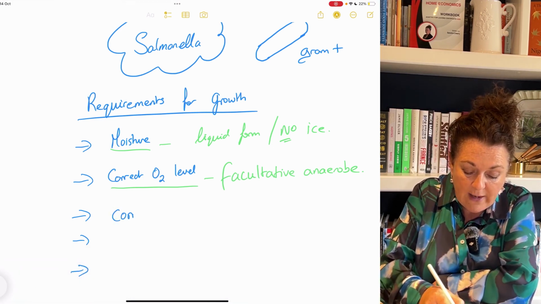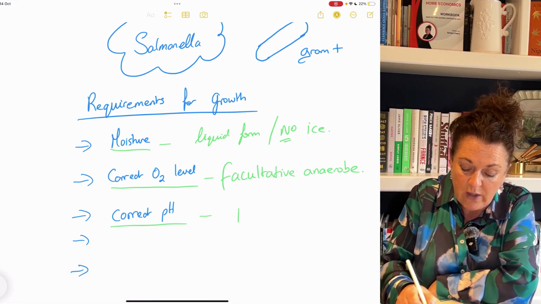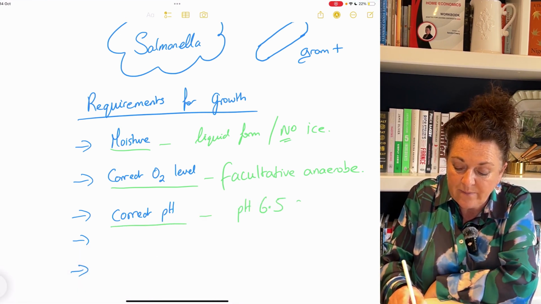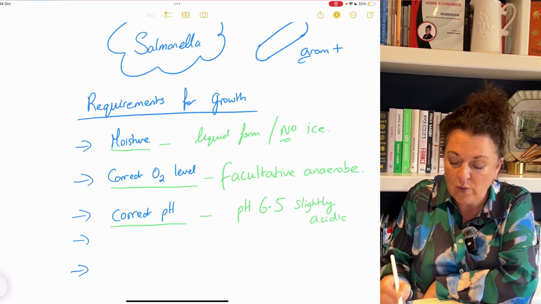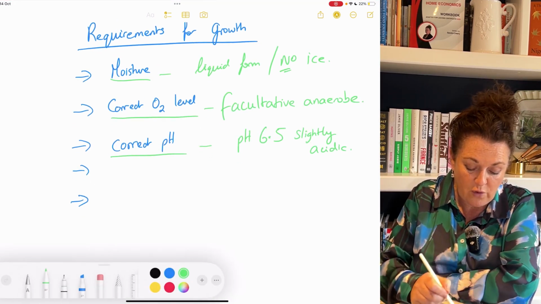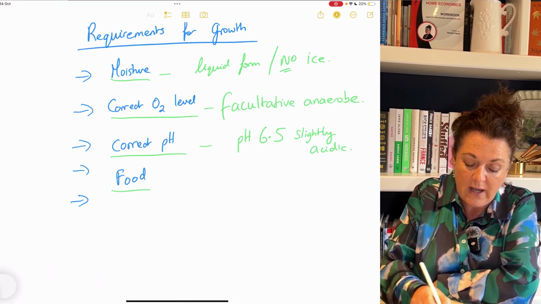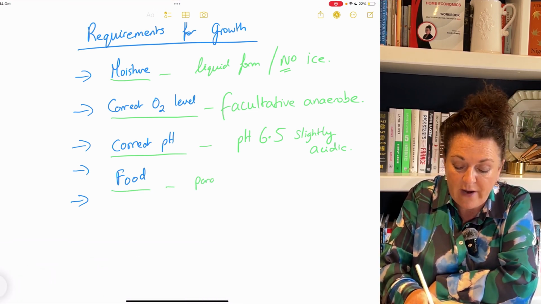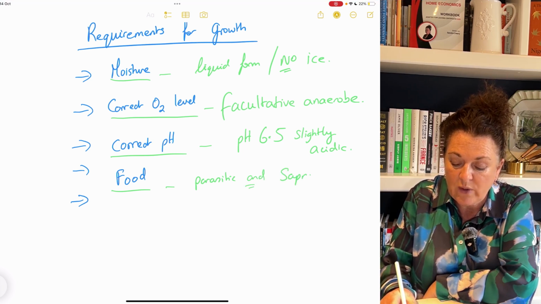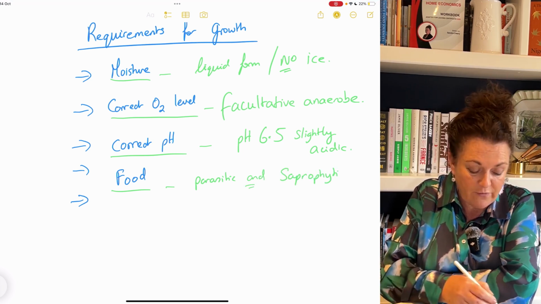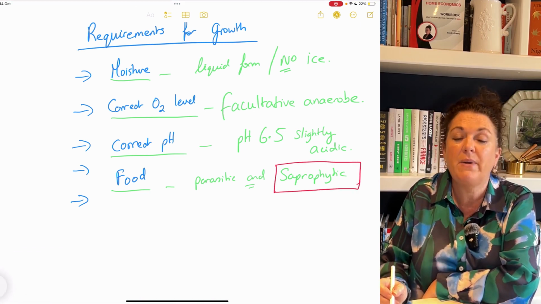Next, we have correct pH, and you may recall, well, I hope you do, that it liked a slightly acidic pH of 6.5. Of course, no microorganism can grow without food, and Salmonella happens to be both parasitic and saprophytic. But we emphasize the fact that it's a saprophyte and how it grows on dead or decaying matter.